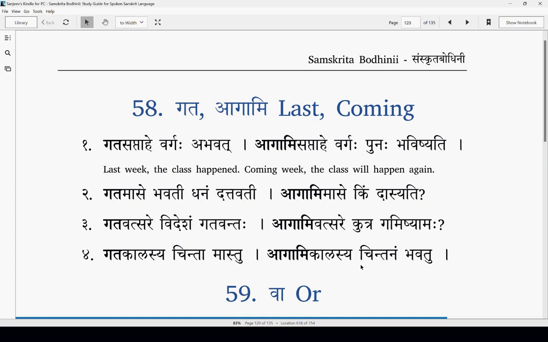Astu. Shubhashri Bhagini. So, can you make a sentence using gata and agami? Two sentences. Shubhashri Bhagini. Namaste.